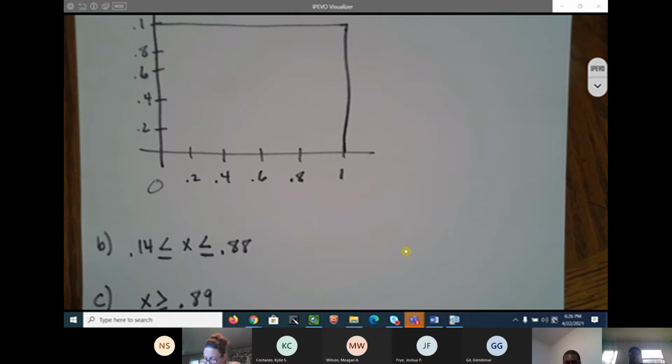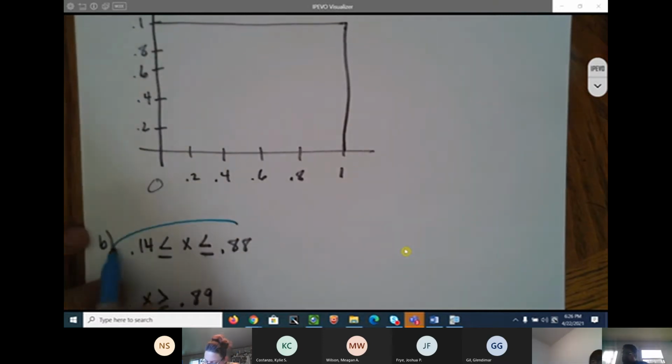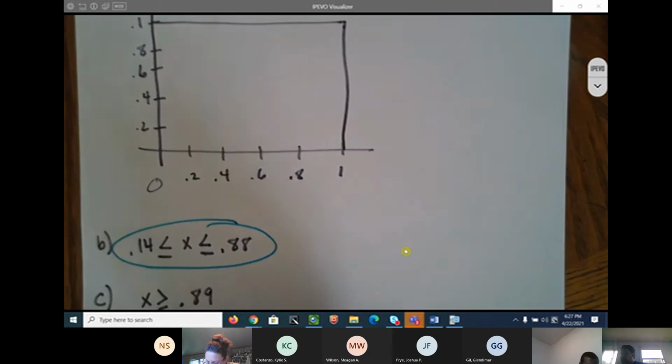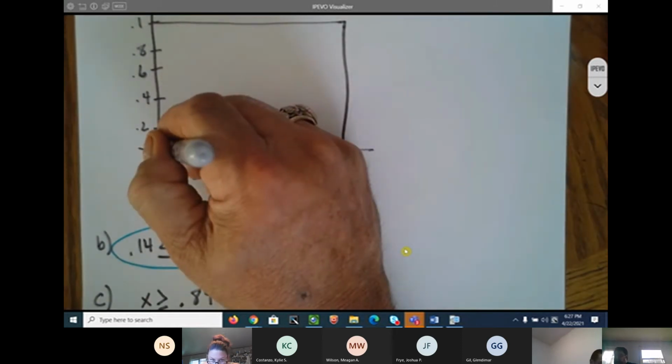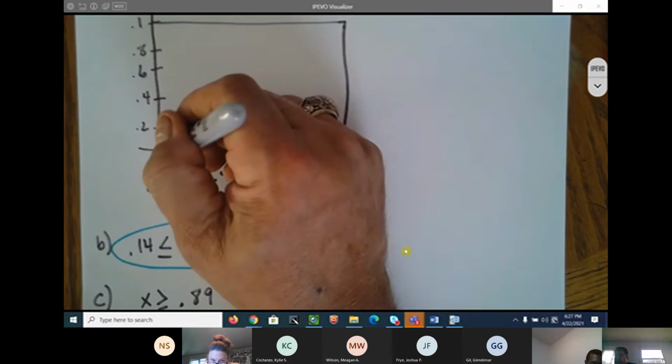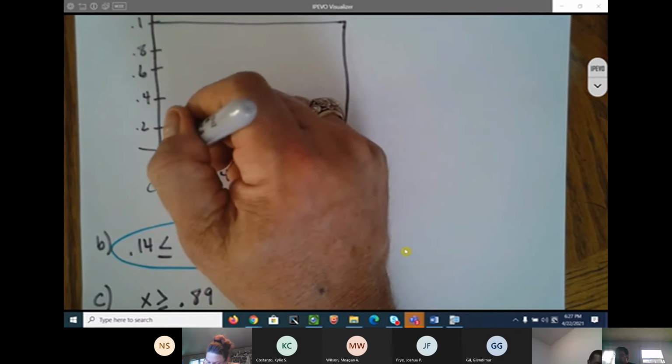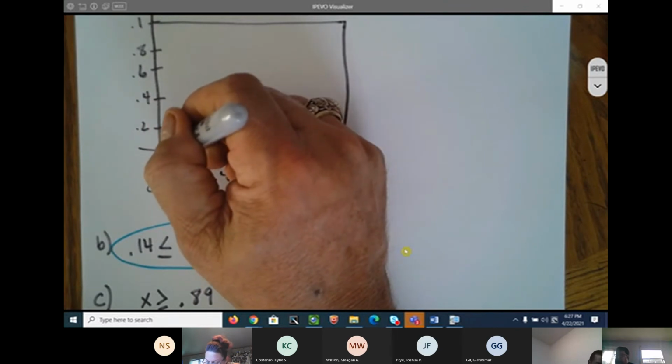Okay, I'm that far ahead. I got you. All right, so we're going to take a blue marker, and I'm going to highlight this right here, blue. So 0.14 is right here, because technically 0.1 is right here, so 0.14 would be right in here.